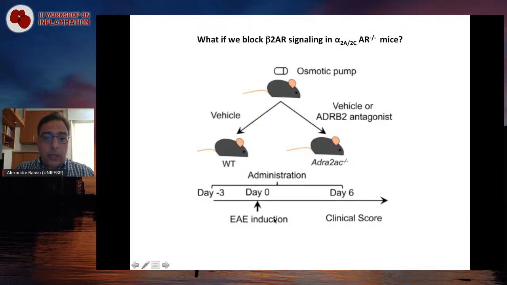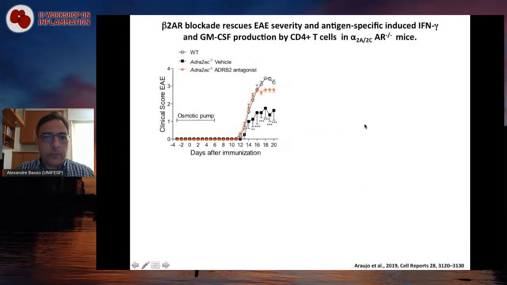And that was done during the generation of the adaptive immune response. So later on, after disease onset, we didn't have any more the antagonists being delivered to these animals. And as you can see here, the pharmacological blockade was enough to recover EAE development in these animals.